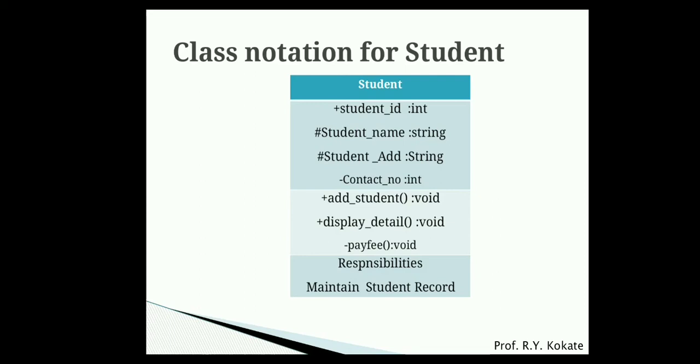Hash means what? Available to the current and inherited classes. Minus, available only to the current class. It is accessible only within the class. Same for the function, add plus minus with their visibility and return type. And responsibility of the student class is to maintain the student record.